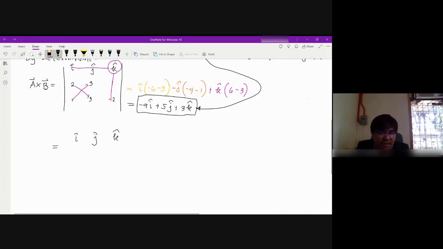So na ako'y 2, 3, 1. May mga components, di ba? 1, 3, 2. Biyahon mo balik ang first at second nga column.